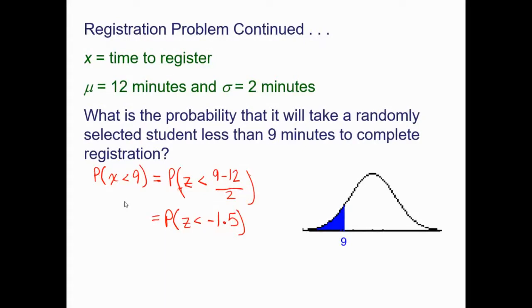So what do you get for your probability? .0668. Good.